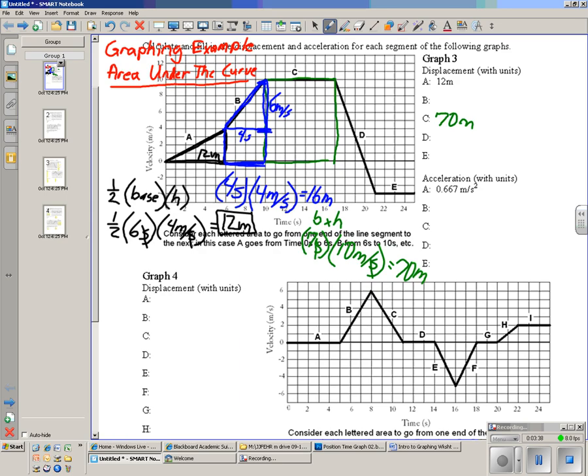So I would be saying 1/2, because this is a triangle, 1/2 times 4 seconds times 6 meters per second. 4 times 6 is going to be 24, and then times 1/2, and that would equal 12 meters. Okay, so I have the 12 meters plus the 16 meters from the box that I had already figured out, and that should end up with 28 meters for part B, 28 meters.